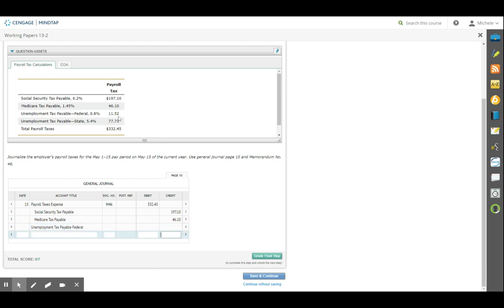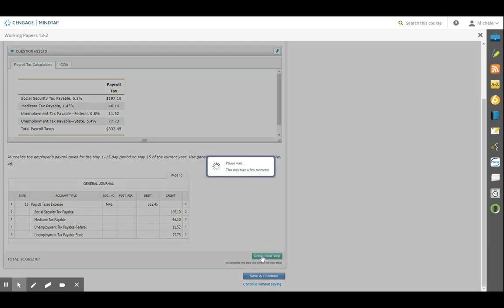And that one's going to be $11.52. Oops, wrong line. And finally, we have unemployment tax payable for the state. And that is going to be $77.73. So if you add these numbers up, they should equal your debit. So make sure that that works, and then you can go ahead, grade your final step.